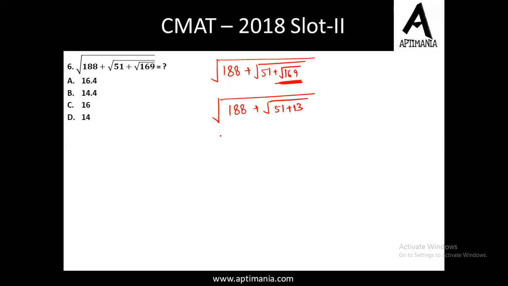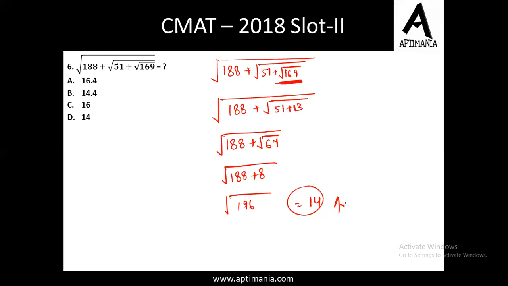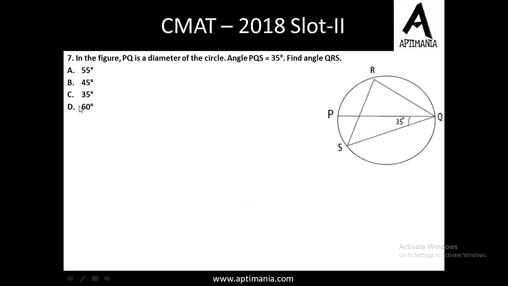If I add them, I'll have root of 188 plus root of 64. As we know that root of 64 is 8, I'll put the value, 188 plus 8, that will be root of 196. And as we know that the root of 196 is 14, the answer will be 14 in this case. So for question number 6, option D, 14 is the correct answer. Let's go ahead to the next question.